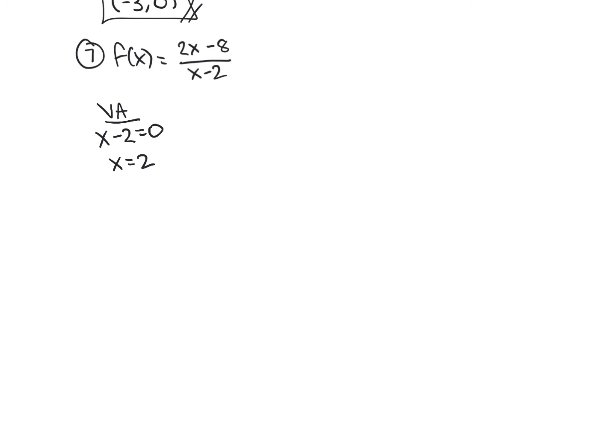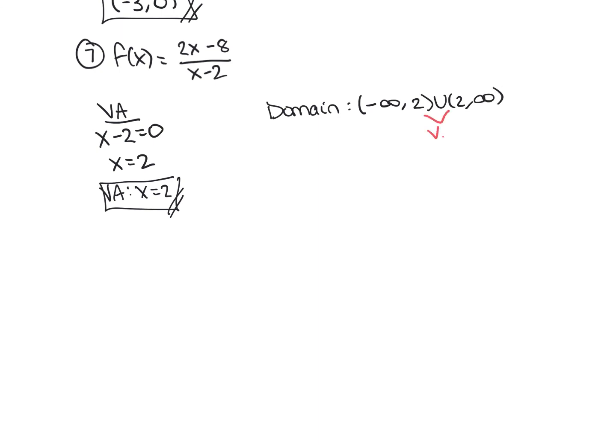I'm going to add 2 to both sides, and I get a vertical asymptote of x is equal to 2. Perfect. And if we want to do our domain from here, we'll have a break when we have a vertical asymptote. That's going to be from negative infinity to 2, and from 2 to infinity, with that break because of our vertical asymptote.